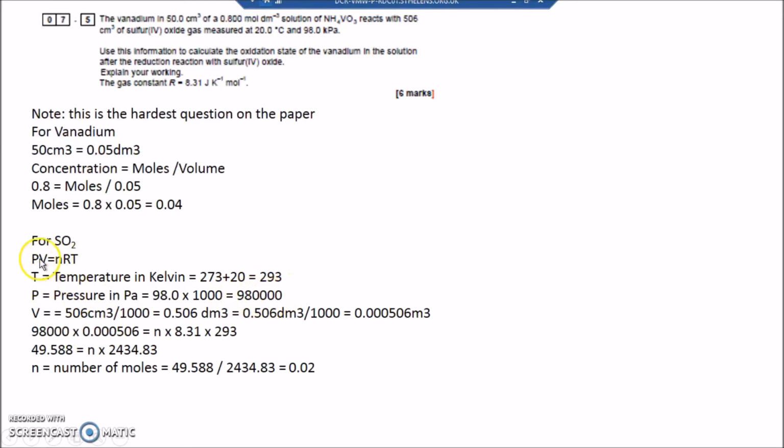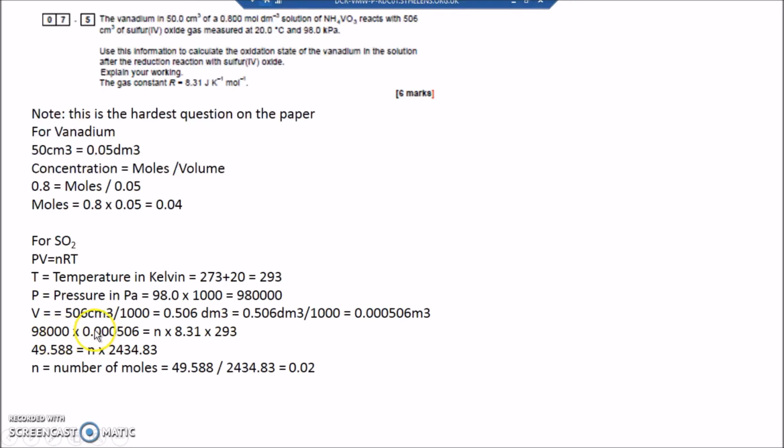PV equals nRT. We can start putting these in now. P is 98,000. Volume is 0.00506 equals n, the number of moles, multiplied by 8.31, which we're given as the gas constant, multiplied by the temperature in Kelvin, 298, and I've got that there.